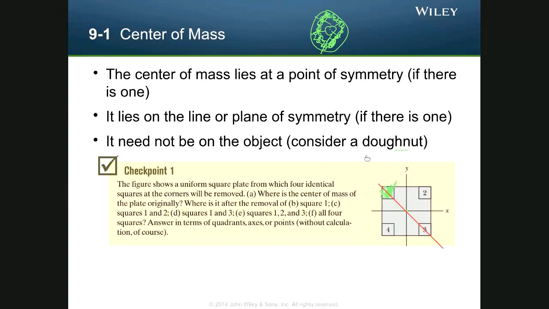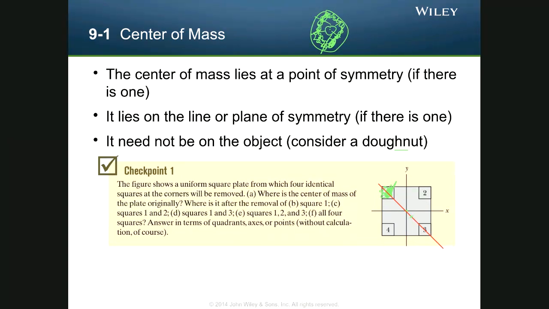If we look at this, we can see that there's more mass over here towards the fourth quadrant. So our center of mass will move into the fourth quadrant somewhere along this y equals minus x line.